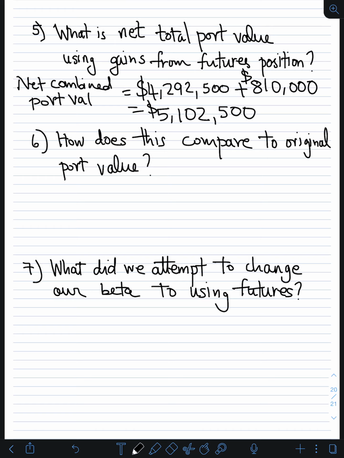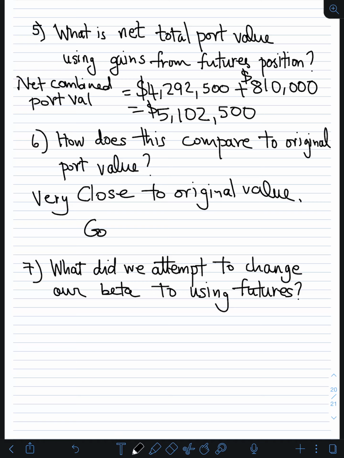How does this compare to the original portfolio value? Very close to the original value. That means it's been a good hedge. We've hedged away the risk of the market falling by 10%.